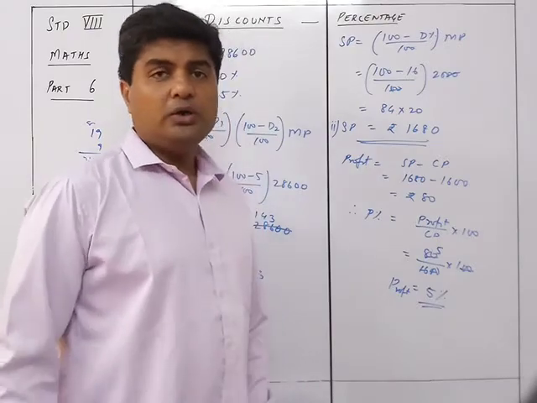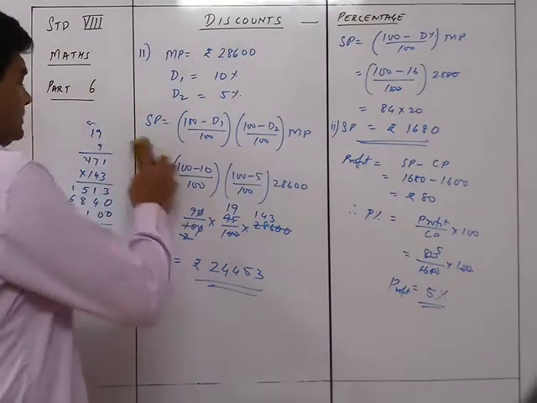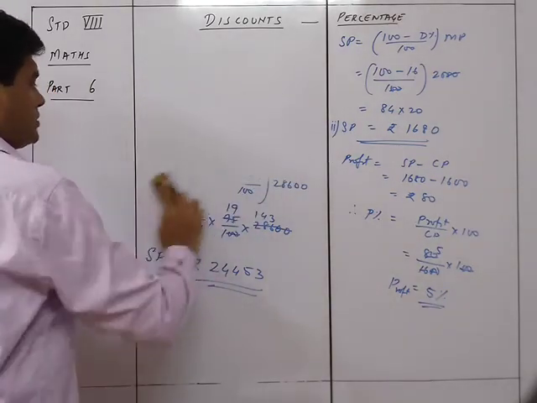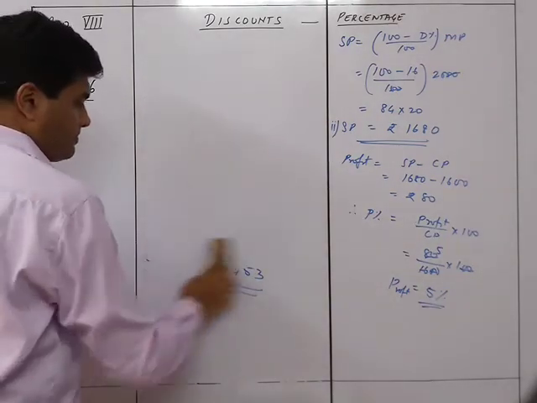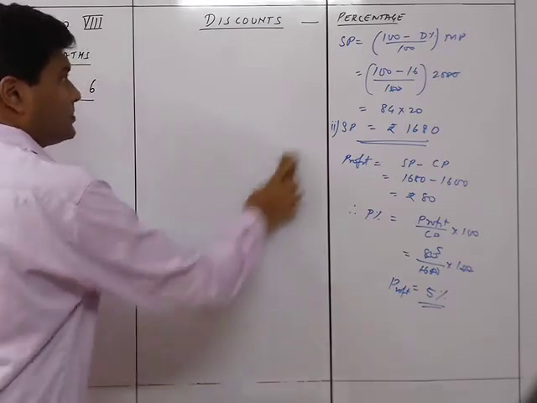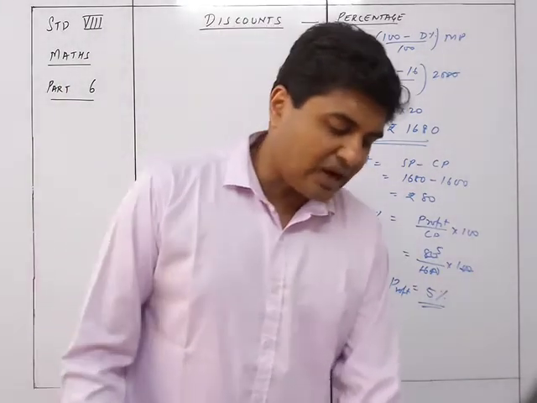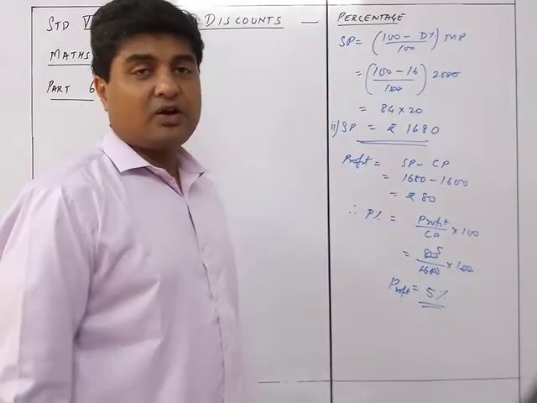We now move on to the last sum, that is sum number 13. The question is, find a single discount equivalent to two successive discounts of 30 and 10.